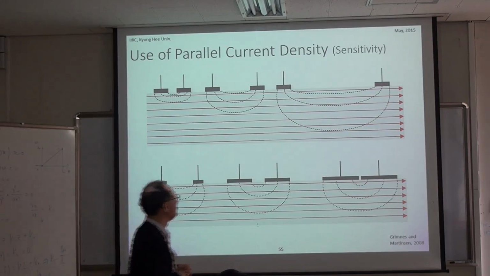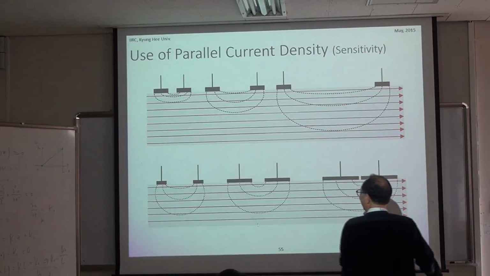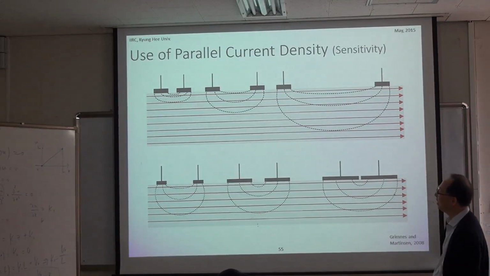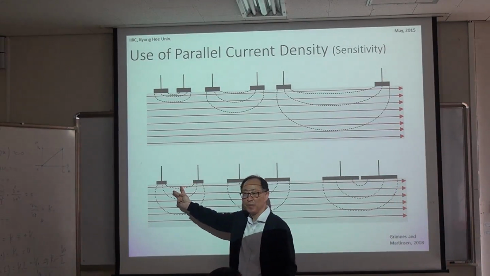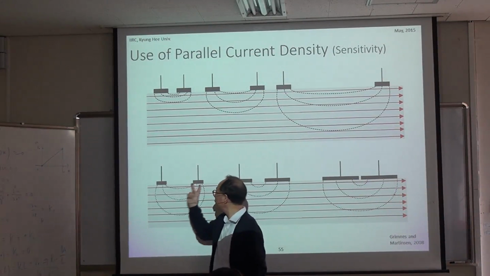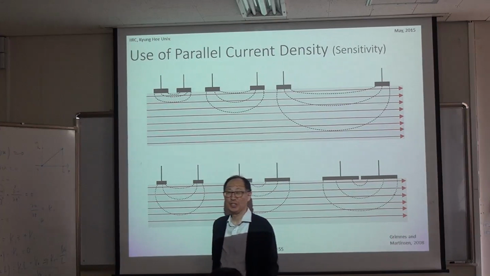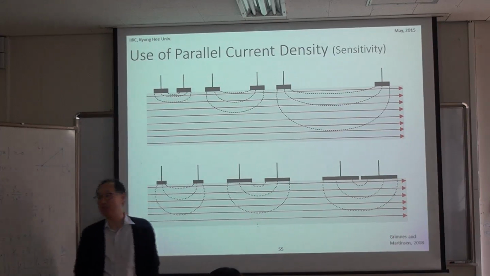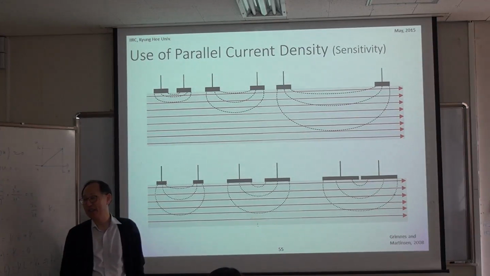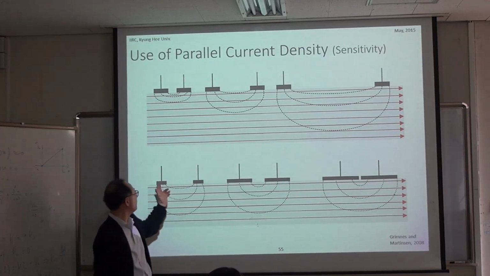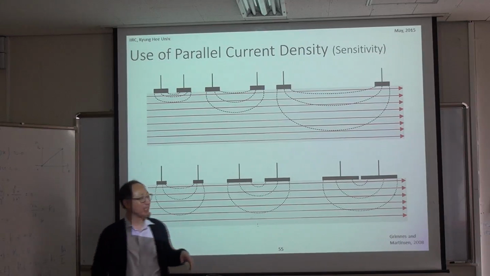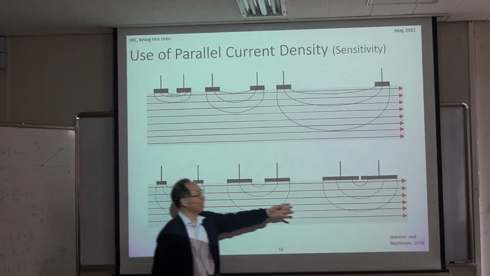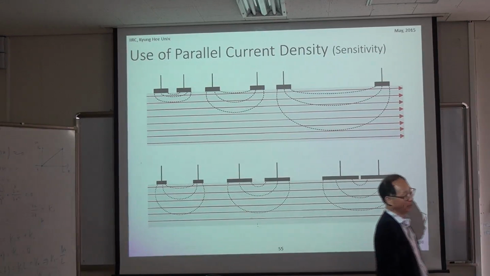Okay. If you keep the gap the same and only change the size of the electrode, then there's not much effect. If you keep the gap the same but change the size of the electrode, then the lead fields are almost the same.